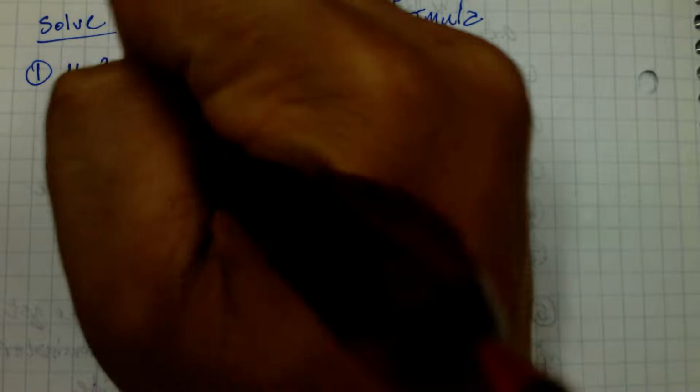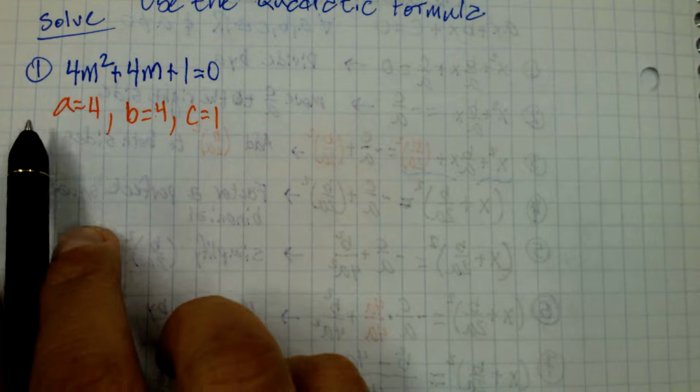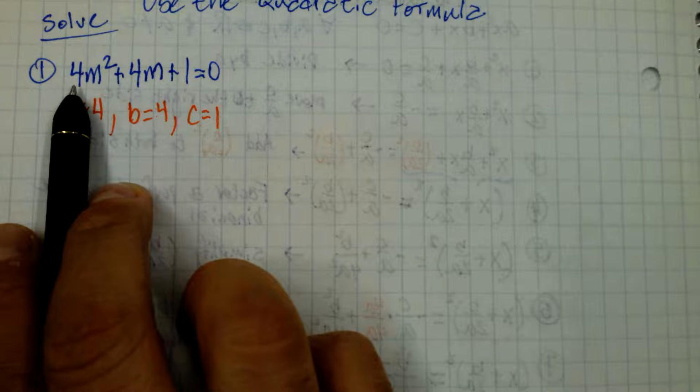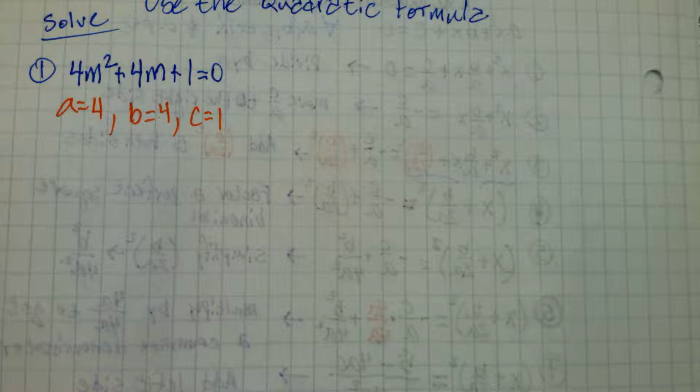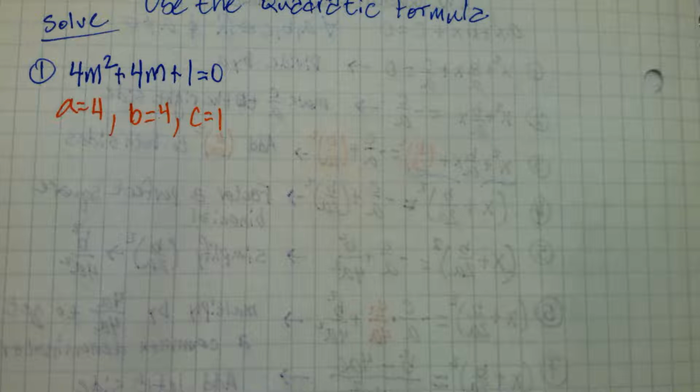B equals 4, and c equals 1. So it's basically the coefficients of the quadratic term, the linear term, and the constant. That's your a, b, and c's. Now, let's write down the quadratic formula.